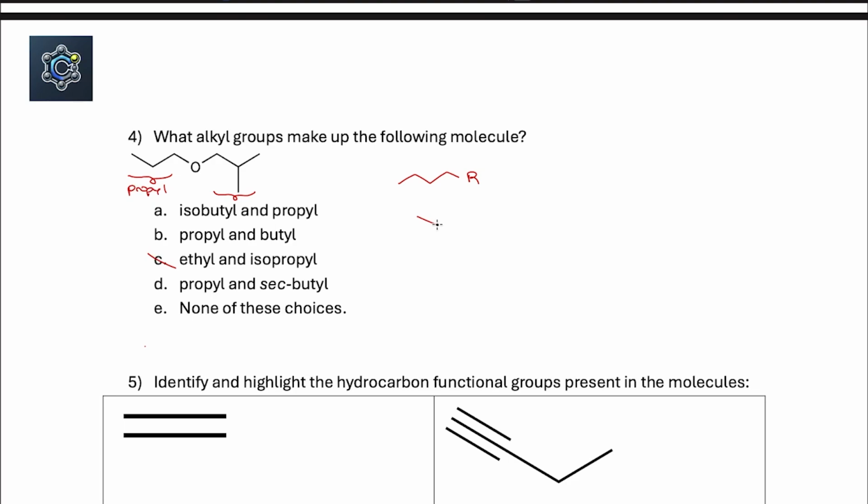Instead, this is an R group coming off this carbon, and this kind of butyl group is actually called isobutyl. If you haven't gone through the common names video yet, don't worry. Go to the common names video and come back to this worksheet, because this will make a lot more sense. And so we can determine that the answer is A, isobutyl and propyl.